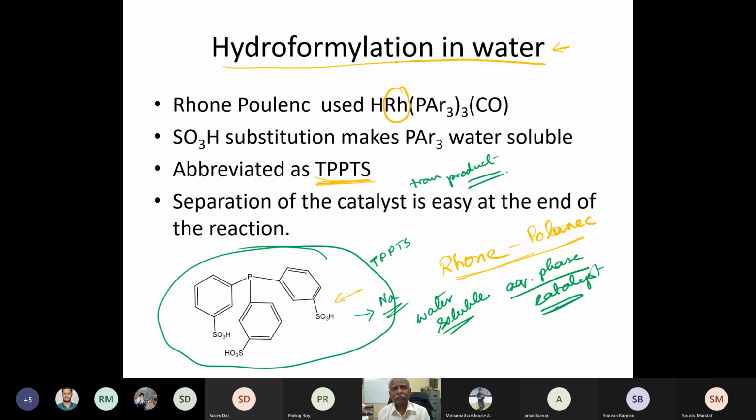So this is the Rhone-Poulenc process. Rhone is again another river, and Rhone-Poulenc must have been another company which introduced this innovation, and this ligand is very popular. Even in 2020, I saw there is a paper published on TPPTS and how it can carry out some unique reactions. Okay.